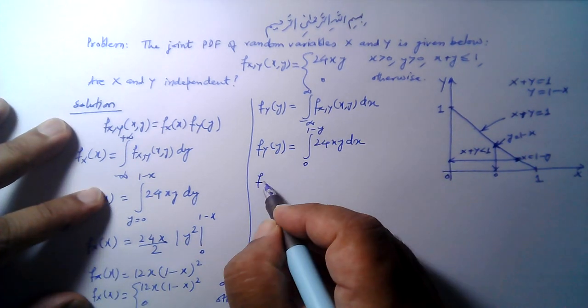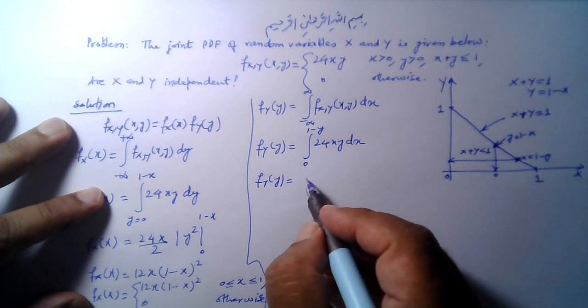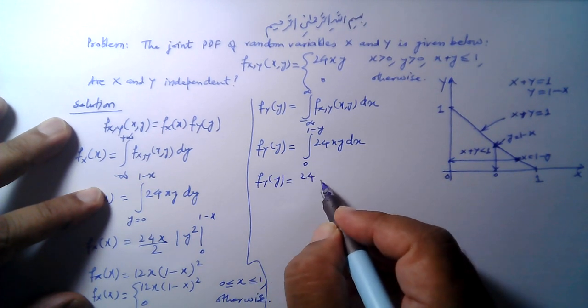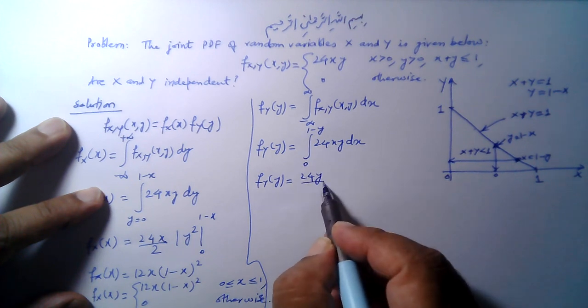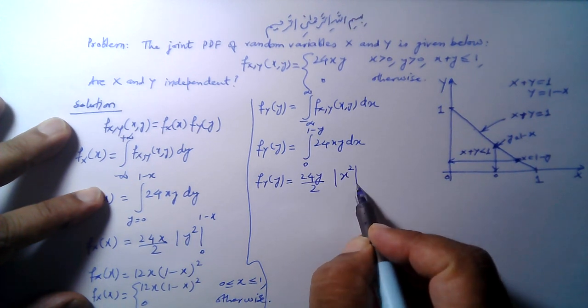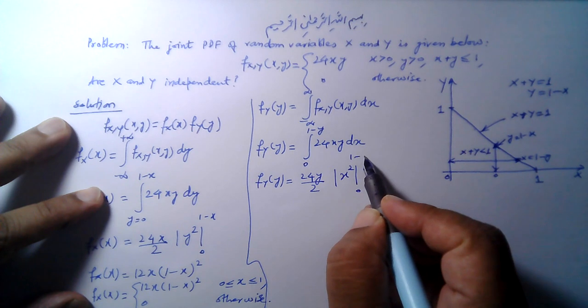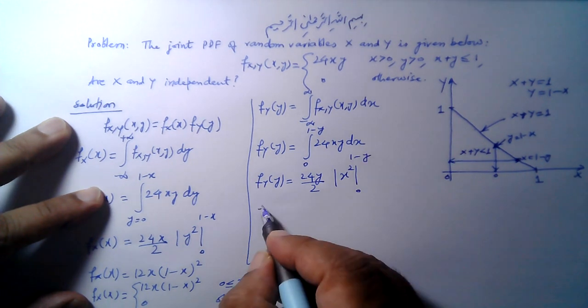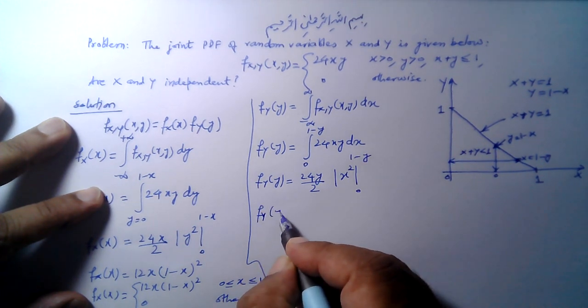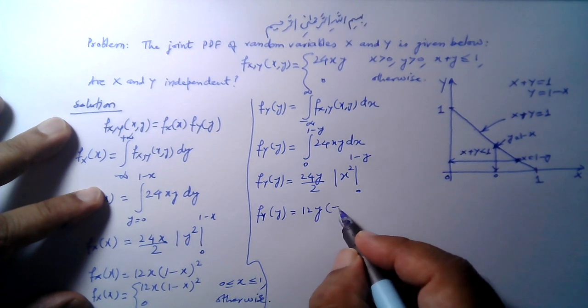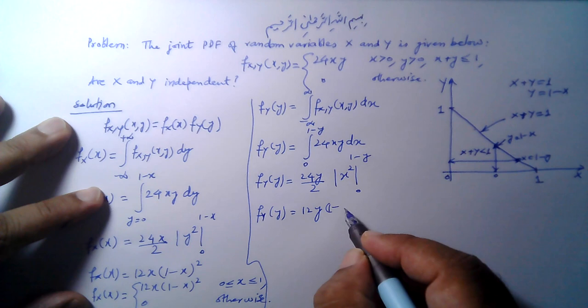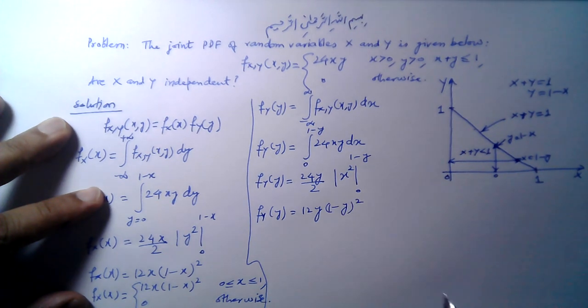So fy of y is 24y, and this will be x square over 2, this is x square, from 0 to 1 minus y. So fy of y is 12y into 1 minus y square, right?